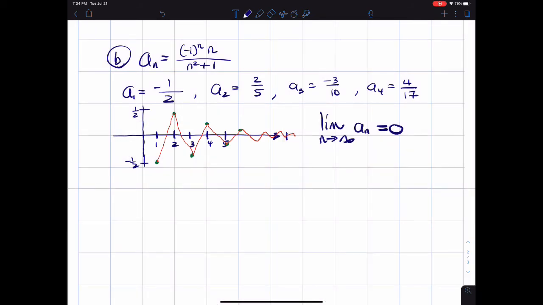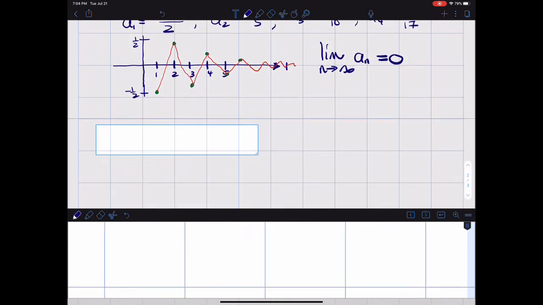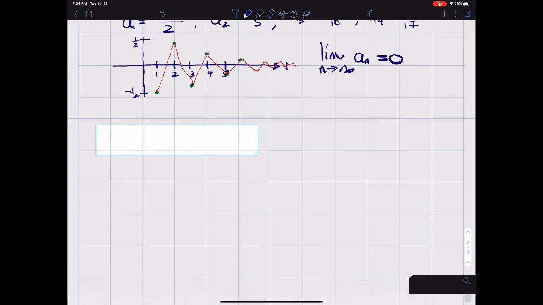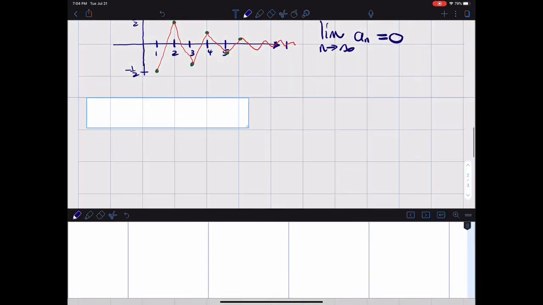All right. Okay, so I want to do more examples. Let's call this number 3. Let's go back to the same kind of examples we did before.